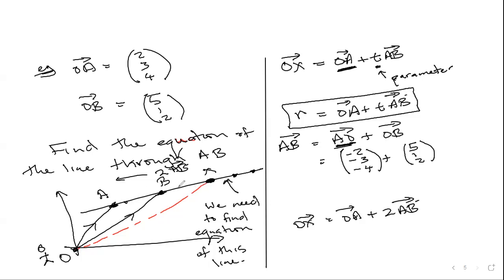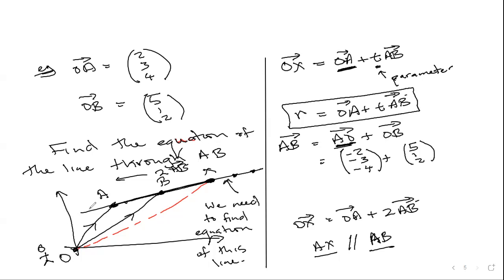So X is beyond AB, but it is in the same line as AB. Therefore it is the same vector. AX and AB are related in that they are parallel. It's just that one of them is some multiple of the other.